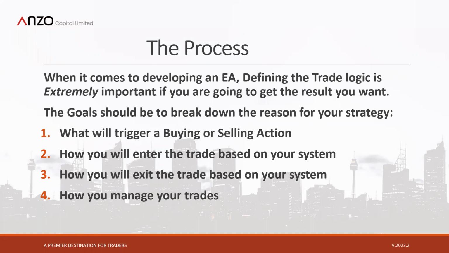So you want to understand why you're buying, why you're selling, how you enter and exit the trade, and how you manage the trade. All of those things that you define, you want to put in a simple form, so that when you're programming your EA, you already know what to do.